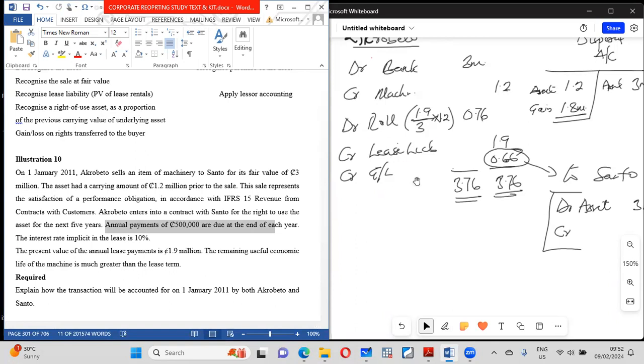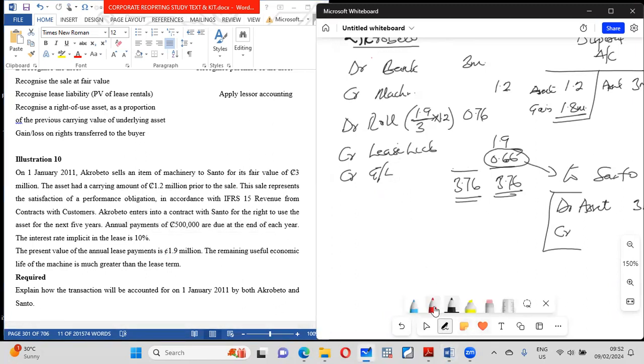As for the lessee, he has a right of use which he will continue to depreciate, and he will do for this side what we call the lease liability table, and this is in arrears. He is going to make a payment of 0.5. So if we want to continue, you will pick your right of use asset, which is 0.76.